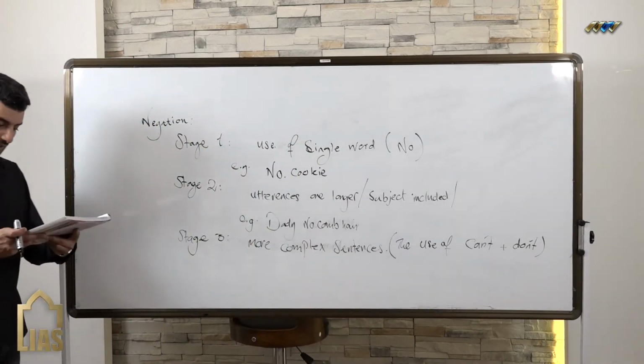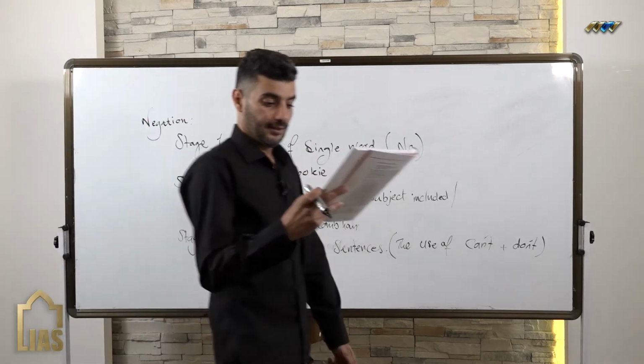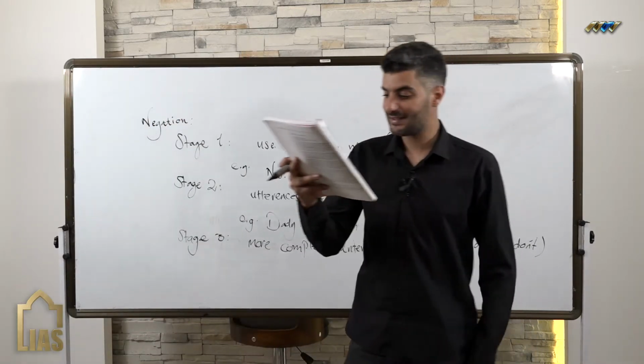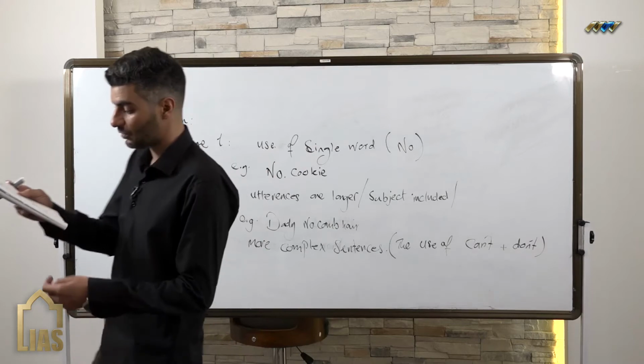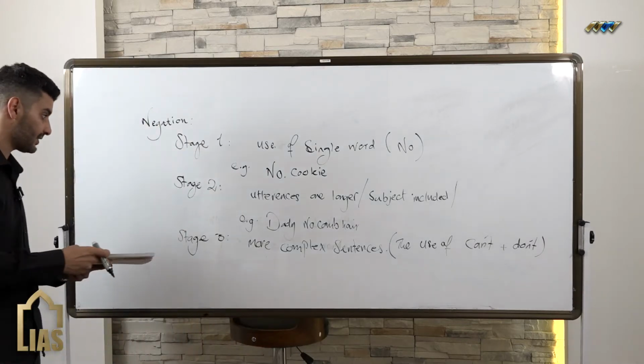Now, stage 4. Children begin to attach the negative element to the correct form of the auxiliary verbs.